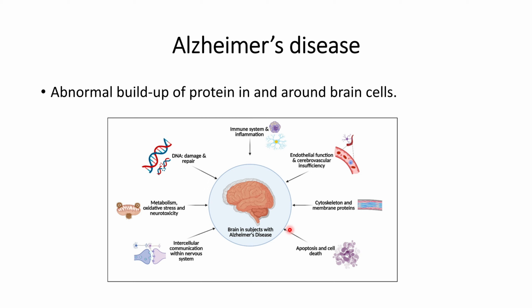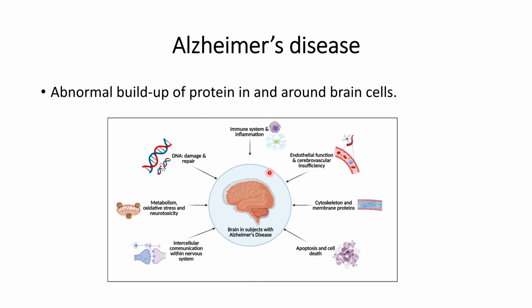For example, the autoimmune response. The cascading effect of immune response may lead to autoimmune response, and that is harmful to the body and might cause inflammation within the patient that is affected by this Alzheimer disease.